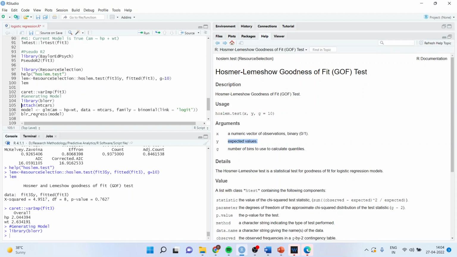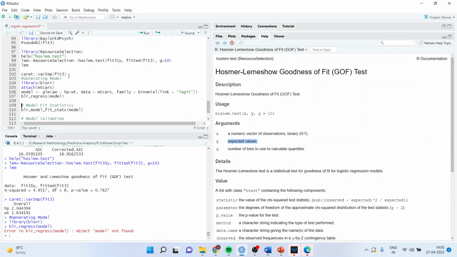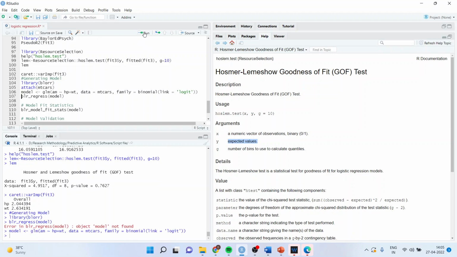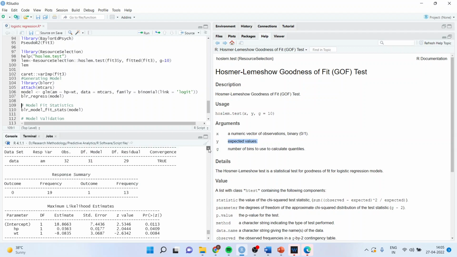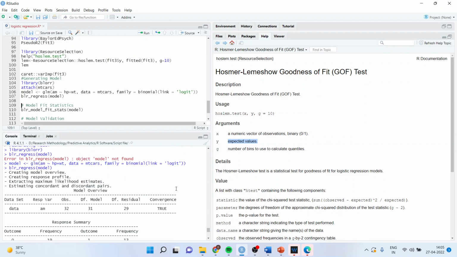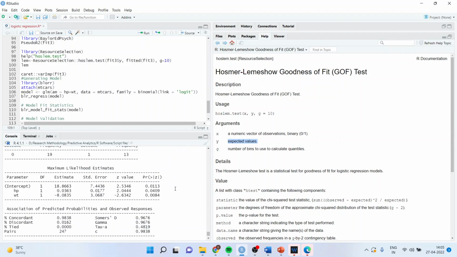I'll use the same glm model, binomial, link logit. To get the output in organized format, the command is blr_regress(model). I'll run it, and you can see how organized the output of logistic regression is.